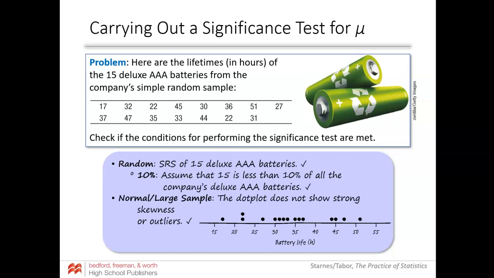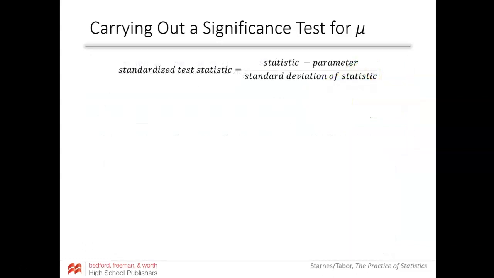As far as normality, our sample size is not big enough, and we don't know anything about the overall population of batteries, so we do have to look at the data plotted. This is a cute little dot plot, and I'm not seeing any crazy skewness or outliers, so we can say it is approximately normal as far as the sample data goes. So we've met all 3 conditions. We're going to come back to that problem later on.